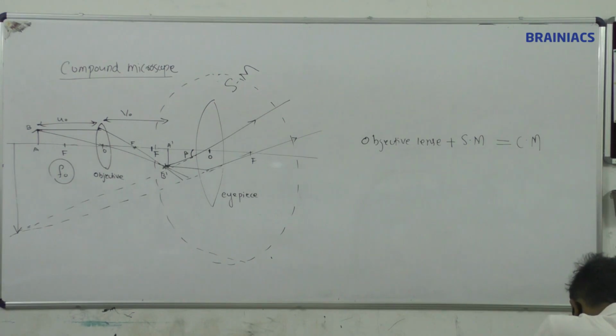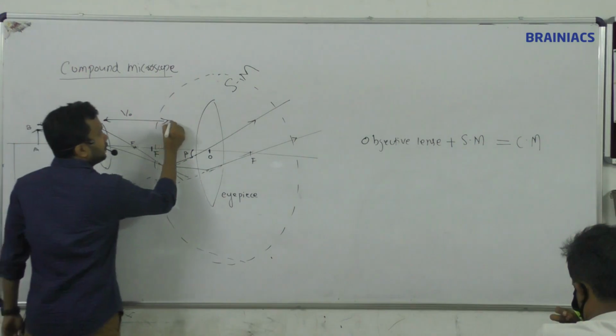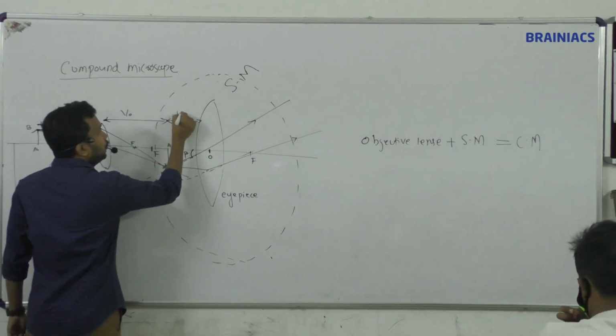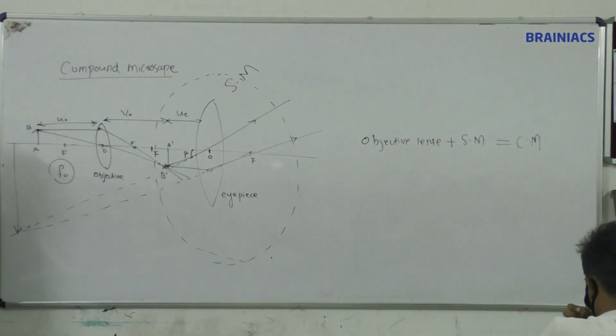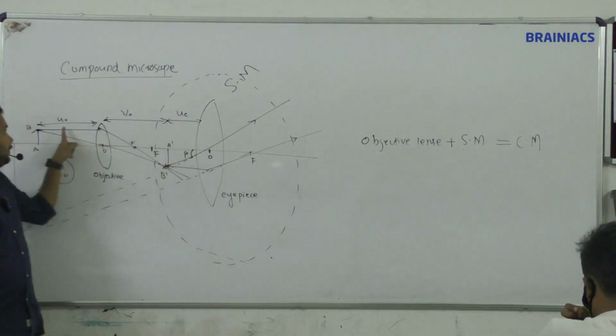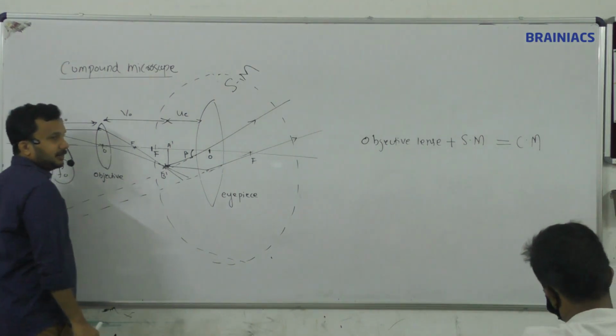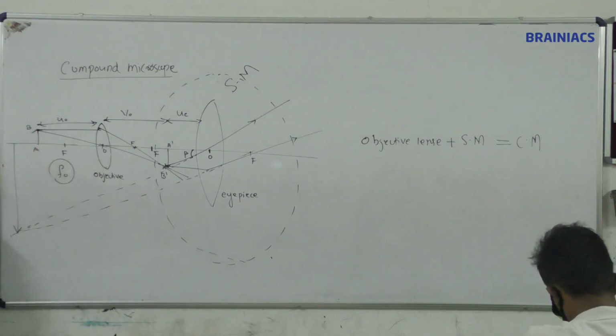Then listen to the board. Again, we will write and next we will listen. So for the objective lens everything is clear. For the eyepiece lens, this object distance, right? For the eyepiece, this distance is given as UE. The E is for the eyepiece, not the objective. So UE. Next one: where will the image be formed?